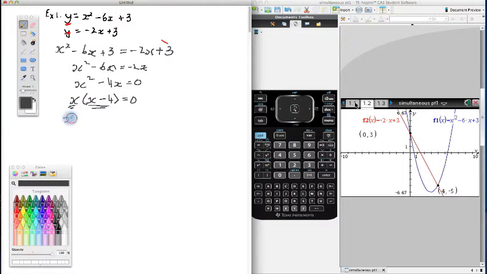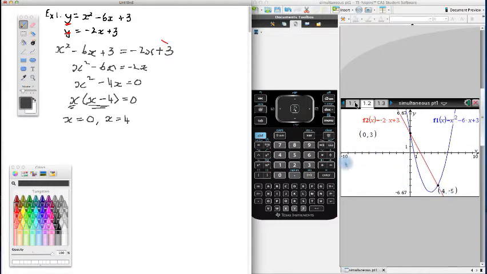So we have either x is 0, or if x minus 4 is 0, that means x could be 4. So these are our two points, and you can see that that's exactly what we've got here. We've got 0 and 4.